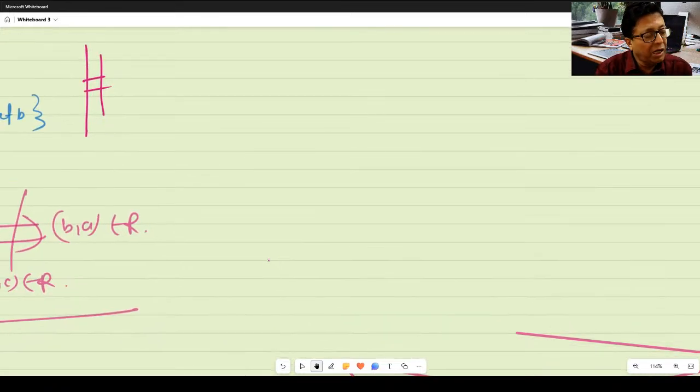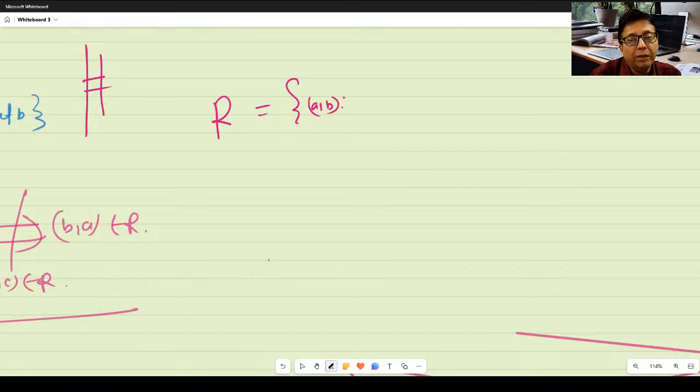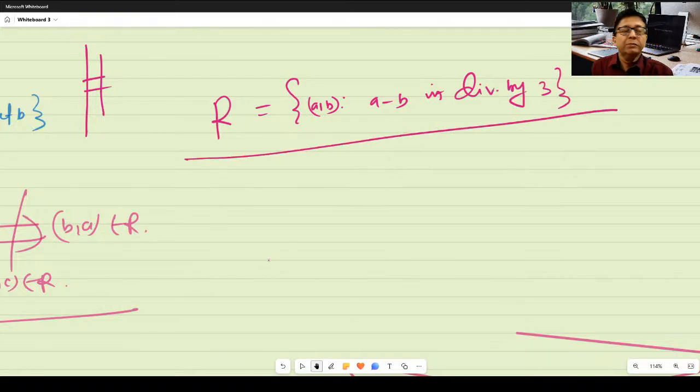A relation R defined on the set of real numbers as follows: R equal to (A, B), A minus B is divisible by C. Decide whether it is reflexive, symmetric and transitive or not.